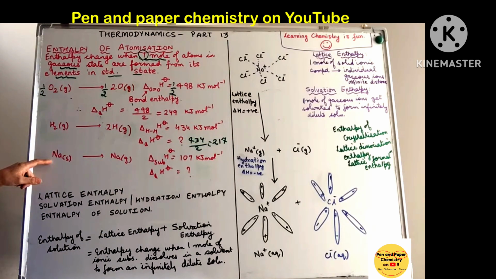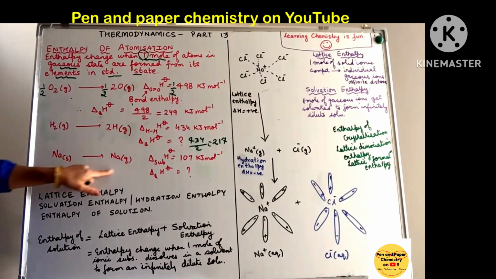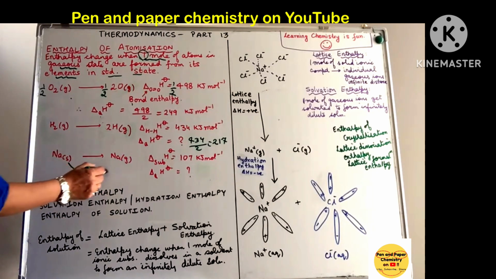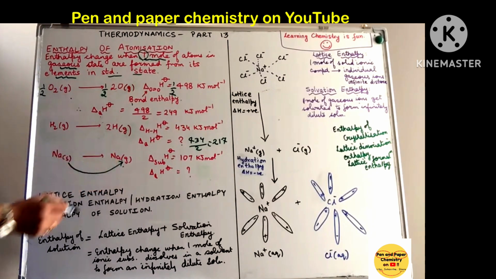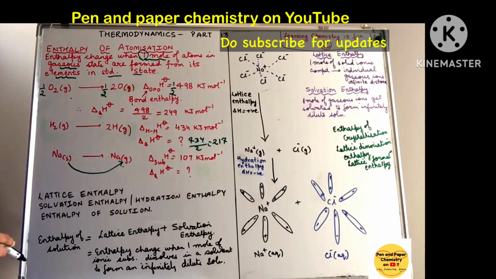Take the third case. Sodium, standard state solid, changes to sodium gaseous state. Now here it's an atomic state only. We know that the standard molar enthalpy of sublimation, because it's the direct process wherein sodium solid is changing to sodium gaseous, is 107 kilojoule per mole.